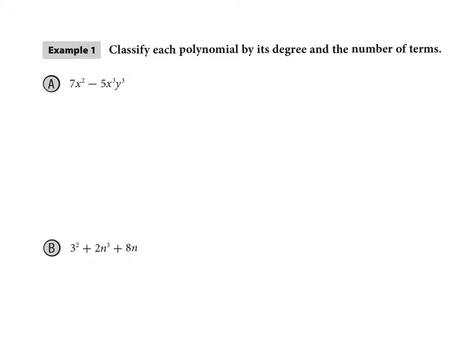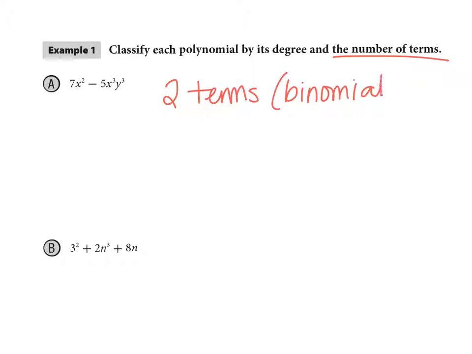Okay, so in this first example, they're wanting me to classify the polynomial by its degree and the number of terms. So the number of terms is easy. There are two pieces here. So this example is going to have two terms. We technically call that a binomial, but if you just want to say two terms, that's okay. And then the degree, remember we have to look at the exponents or consider how many variables are in each term.